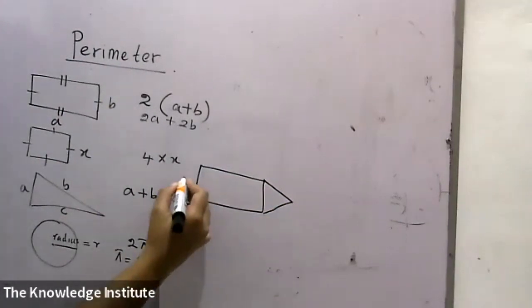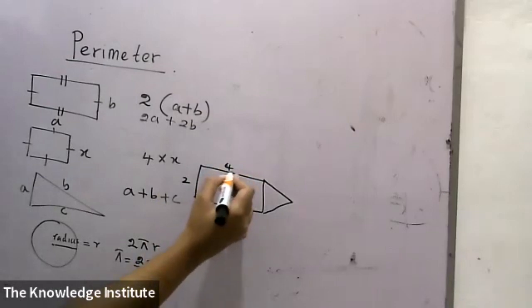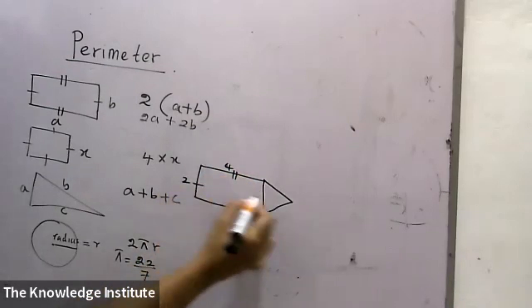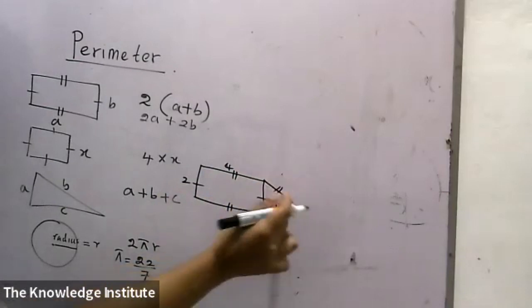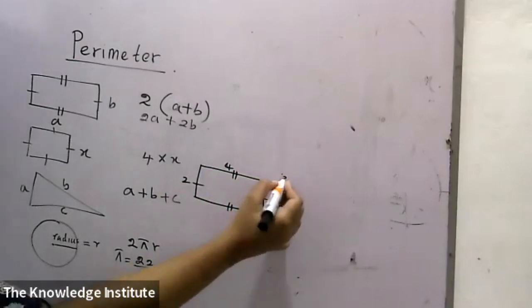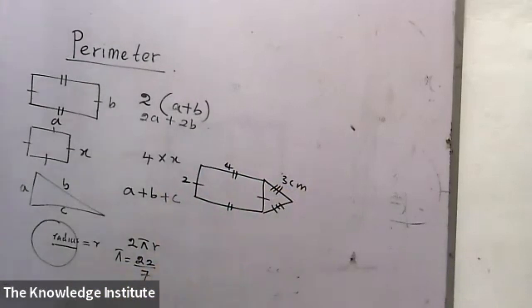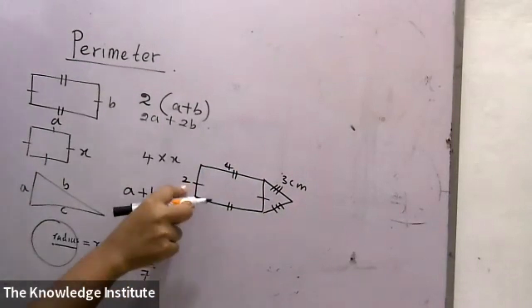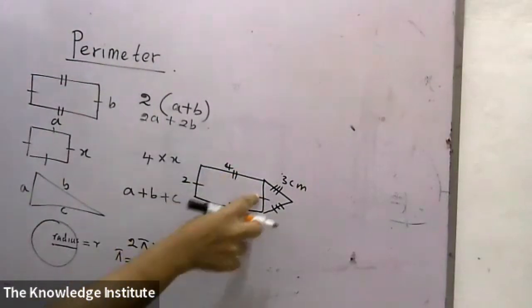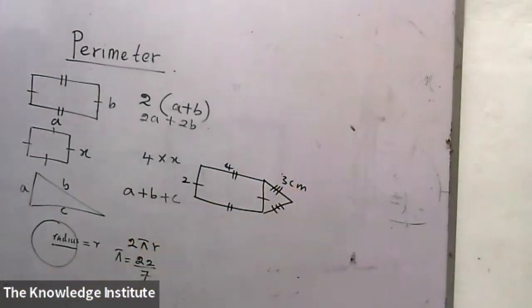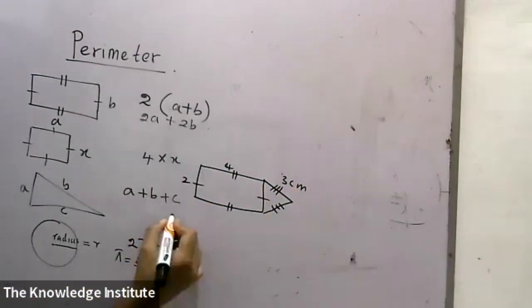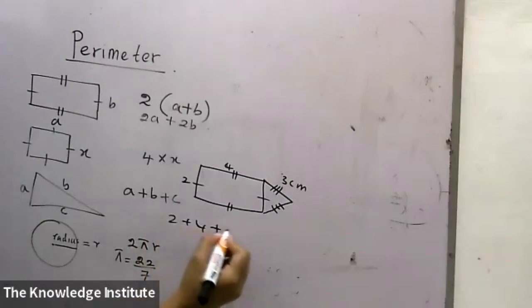Let's say this side has 2 centimeters, this has 4 centimeters, and this has 3 centimeters. If they ask you to find the perimeter, what are you going to do? Will you add 2 plus 2 plus 4 plus 4 and then both the threes? Yes or no? I will write here. Just tell me which answer is correct.